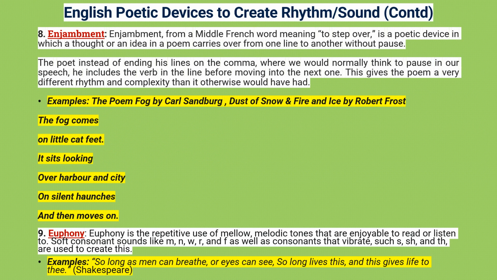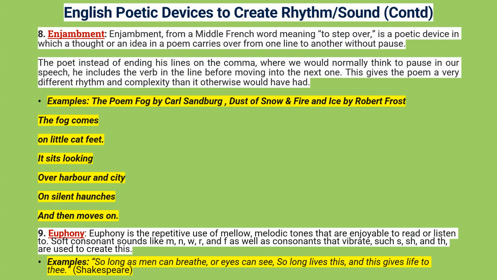Further, in continuation to the poetic devices to create rhythm and sound, in this slide we are talking about enjambment. Enjambment, from a Middle French word meaning to step over, is a poetic device in which a thought or an idea in the poem carries over from one line to another without a pause. Basically, we are not using any punctuation, comma, semicolon, colon.